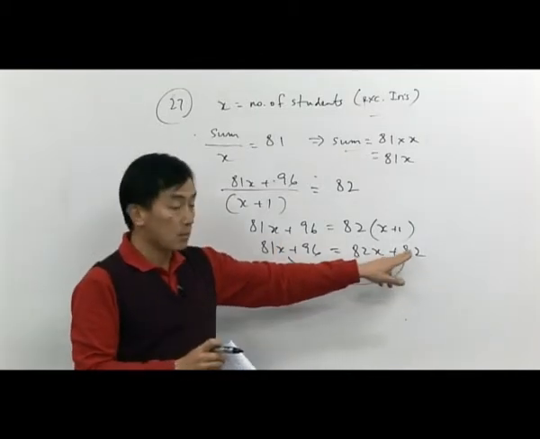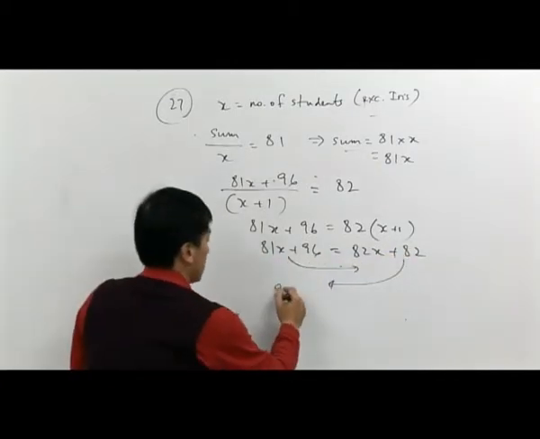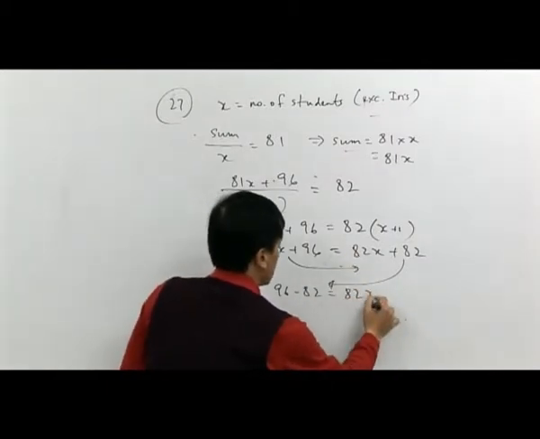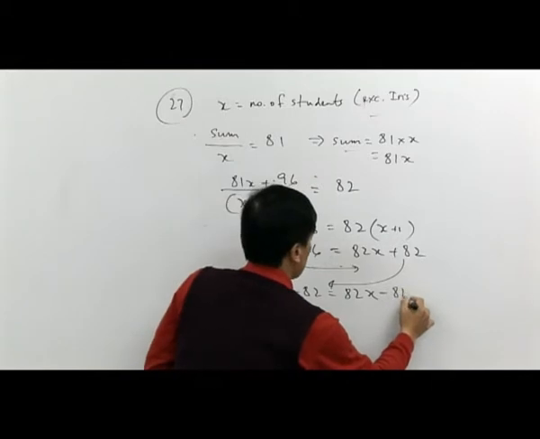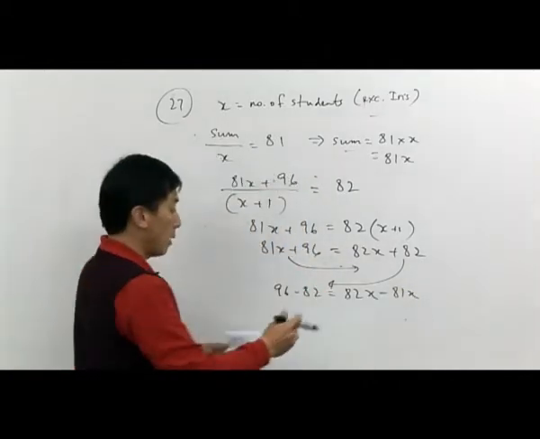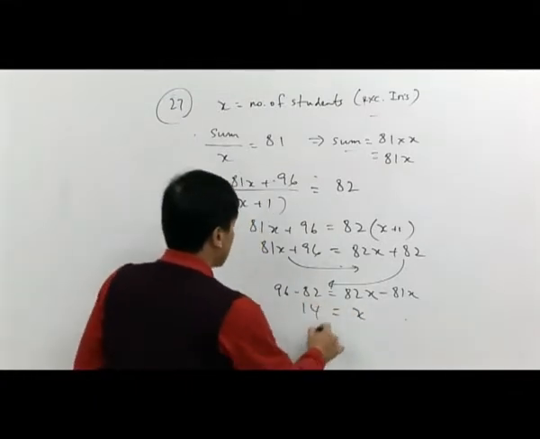And similarly for plus 82, that would become a minus 82. So that's going to be 96 minus 82 equals 82x minus 81x. Now 82x minus 81x would give us 1x. 96 minus 82 is 14.